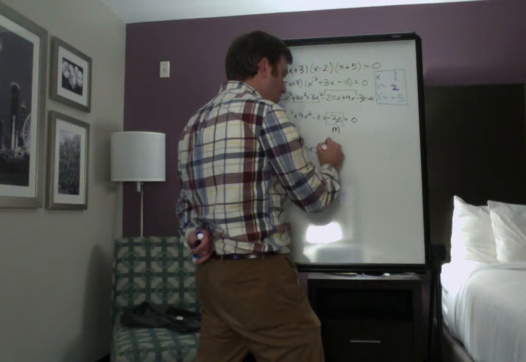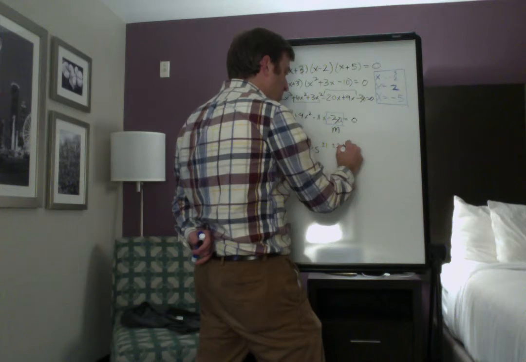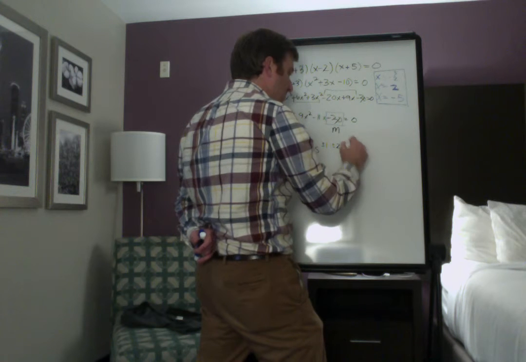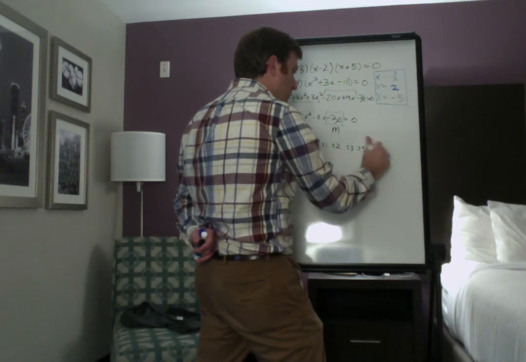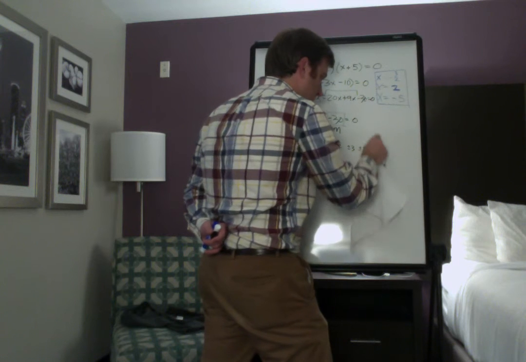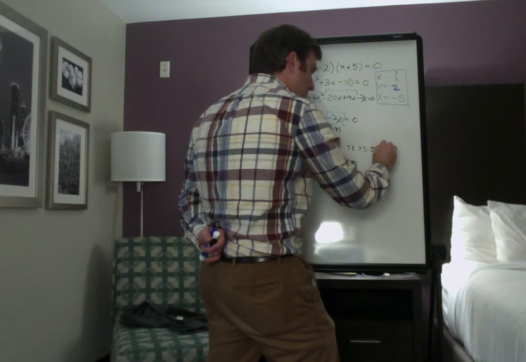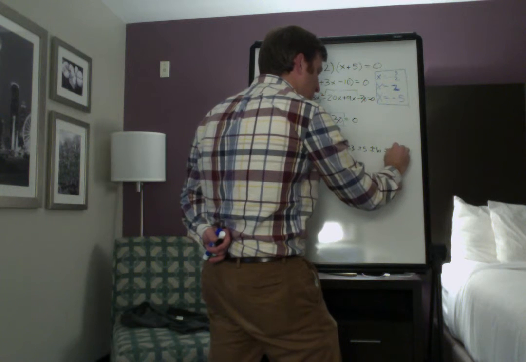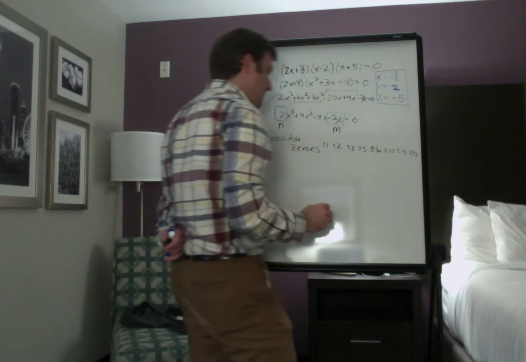Those are plus or minus 1, 2, 3. 4 doesn't work, but plus or minus 5, plus or minus 6. Sorry. Plus or minus 6, plus or minus 10, plus or minus 15, and plus or minus 30.